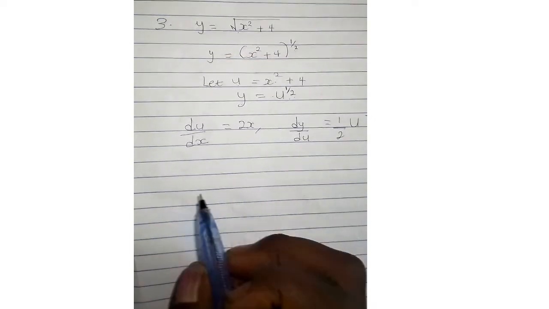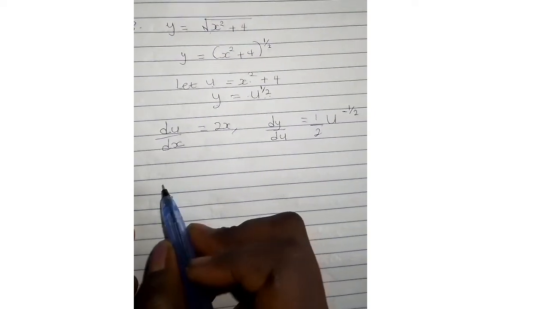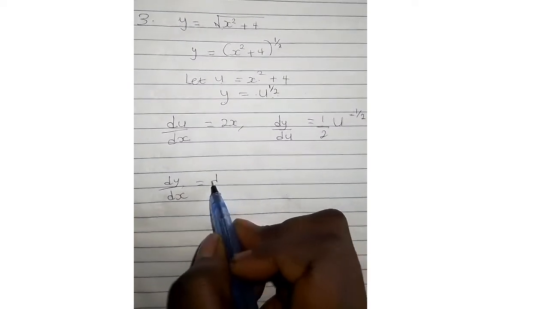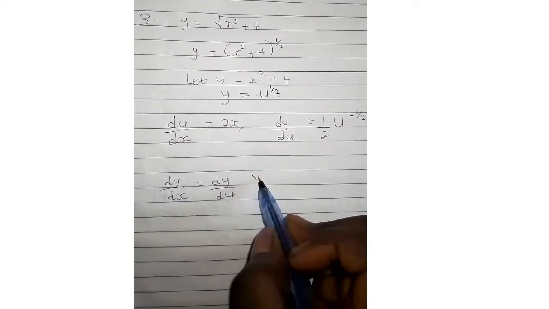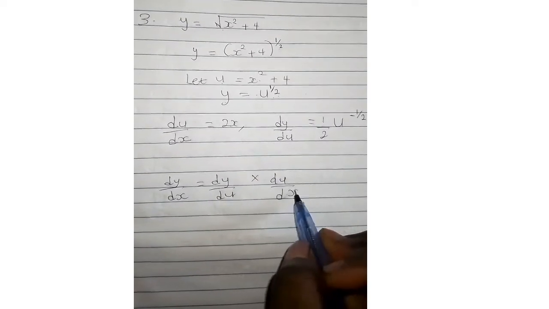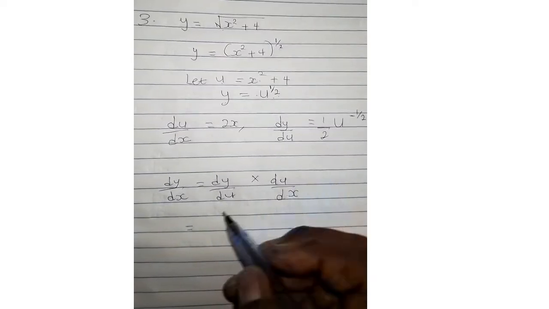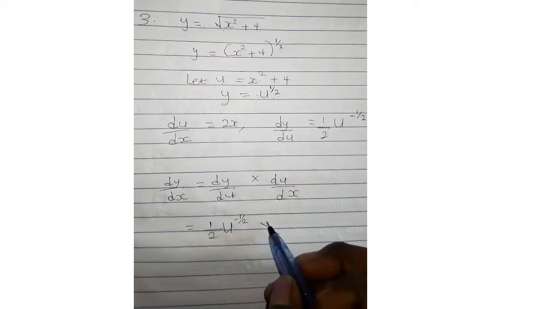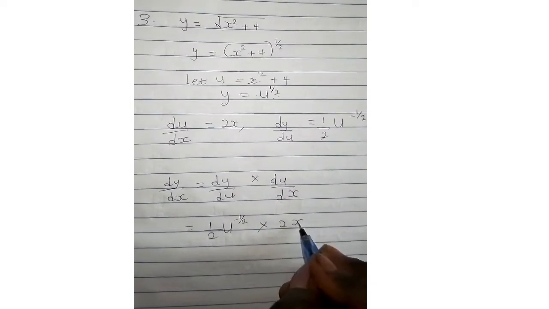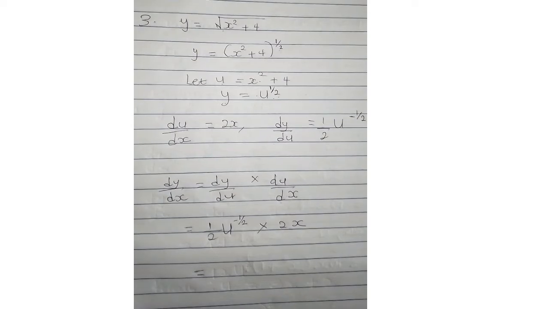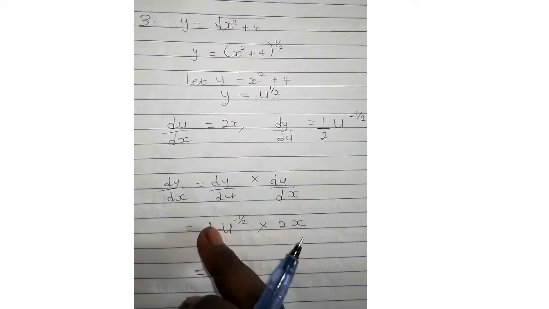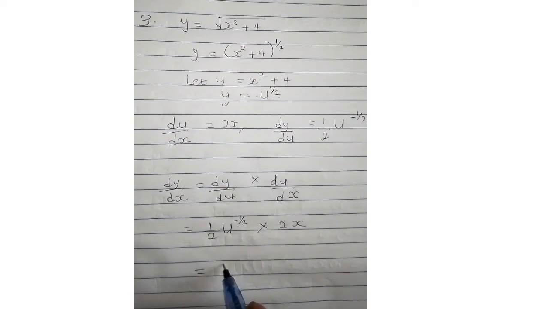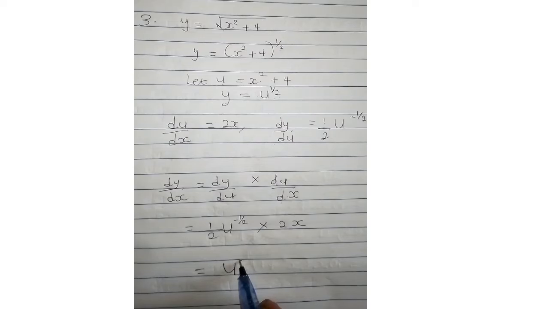So now taking the formula, dy/dx is equal to dy/du multiplied by du/dx, which is going to be half u to the negative 1/2 times du/dx, which is 2x. Multiplying these two, half multiplied by 2 is 1, so there's no need for that.